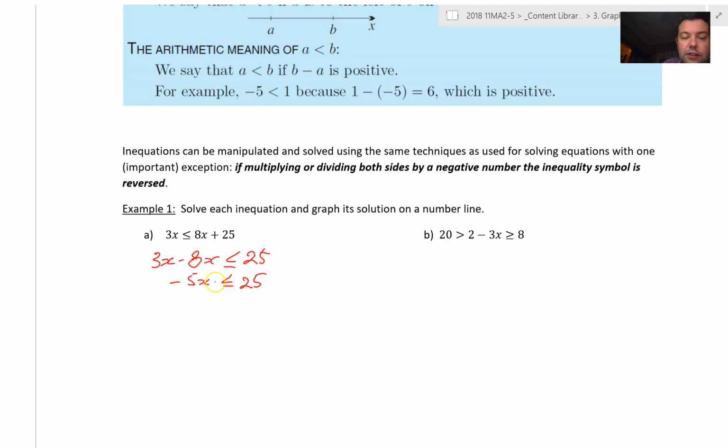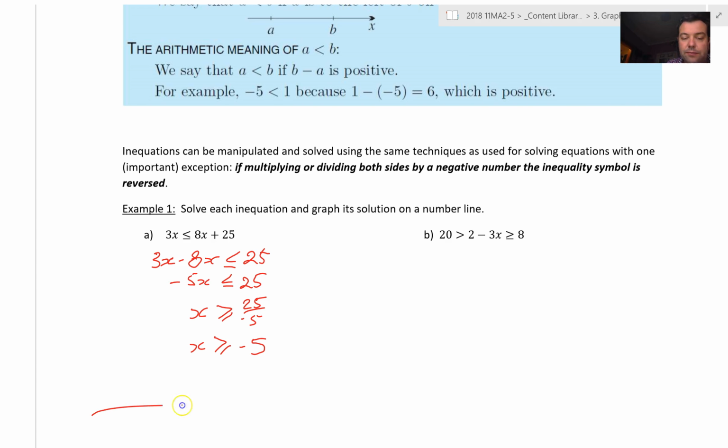Now, to finish this off, I need to divide by negative 5. So that swaps the sign over, so that now I get x is greater than or equal to 25 on minus 5. x is greater than or equal to negative 5. We swap the sign around because I divided by negative 5.